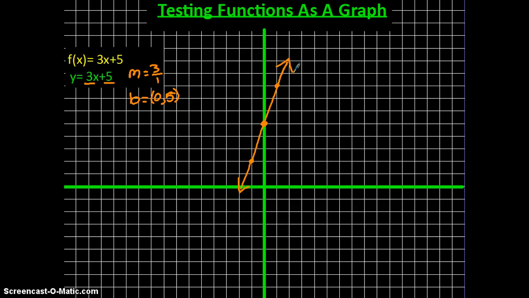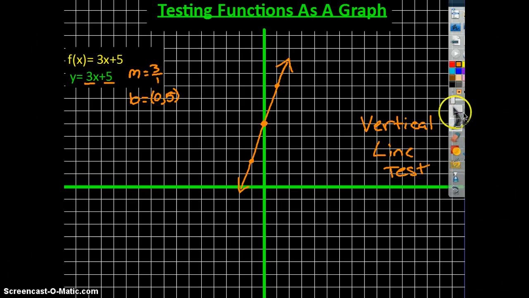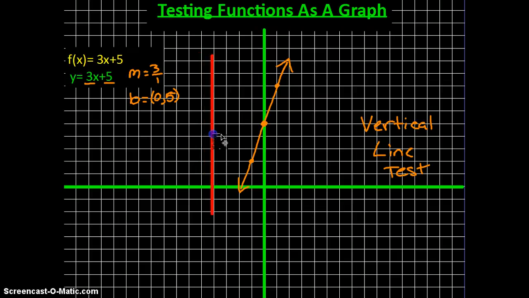Now there is a way to check if this line is a function. It is something that we call the vertical line test. What that means is we are going to drag a vertical line. In my case, I'm going to drag this red vertical line directly across the line that I just drew, this orange line.